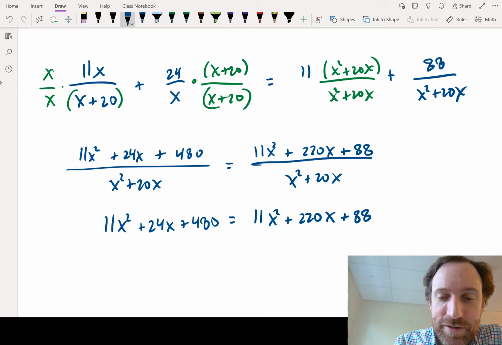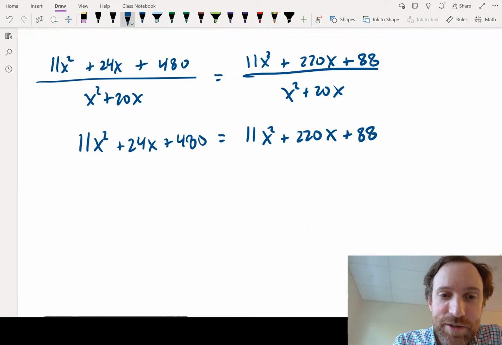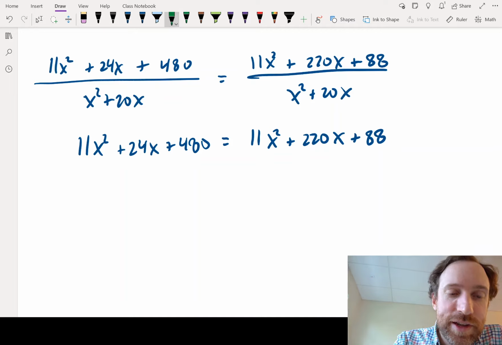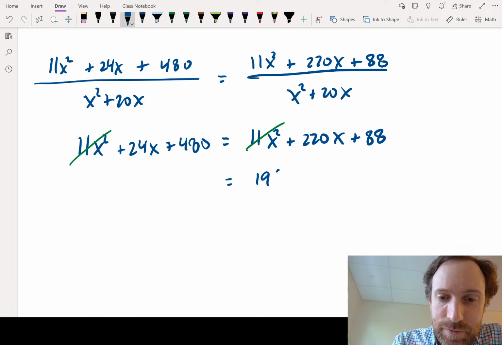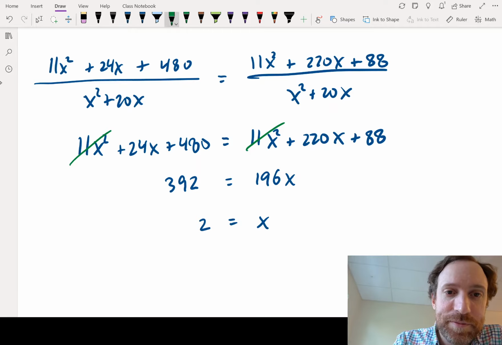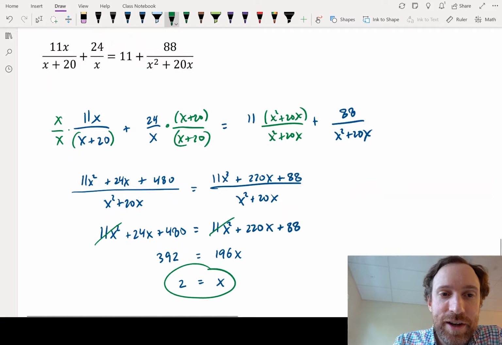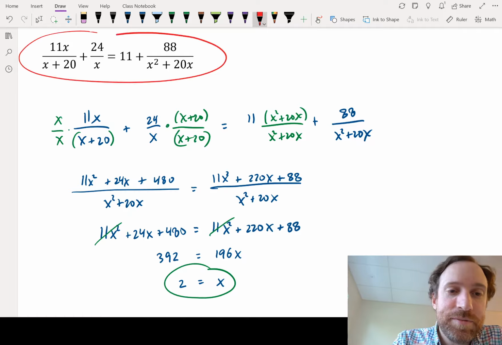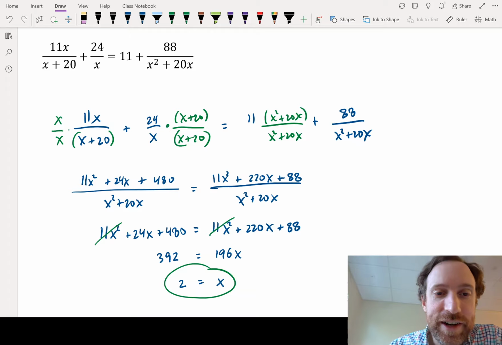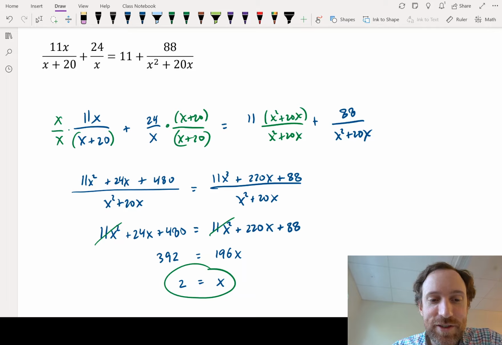Now conveniently for us, there's 11x squared on both sides, so you can subtract it and combine like terms. And divide, and we get x equals 2. Wow, great. So when you see a rational equation, that is an equation involving fractions, make common denominators and solve.